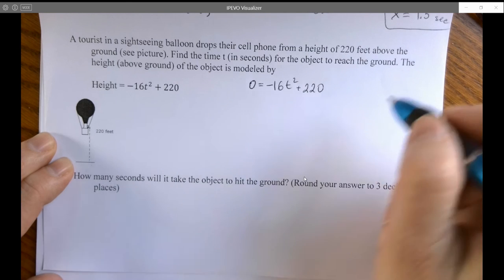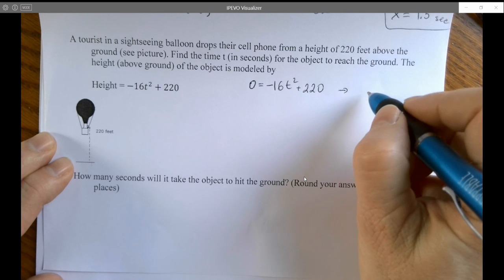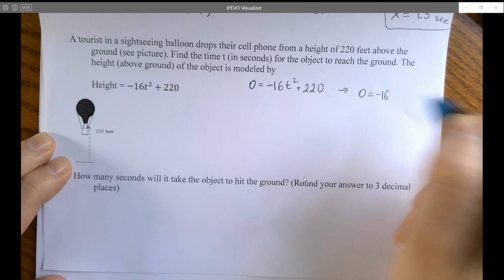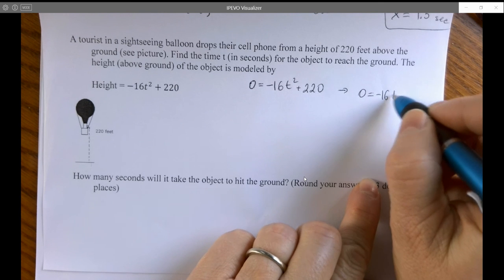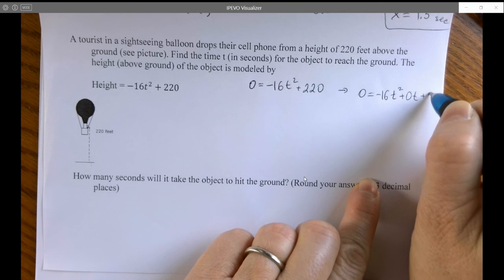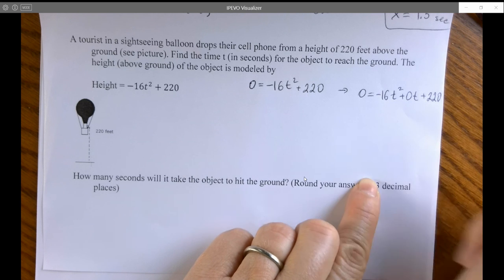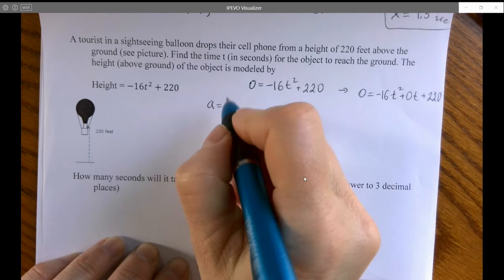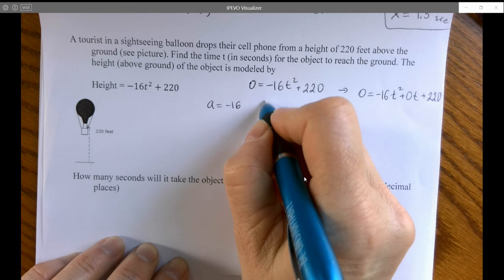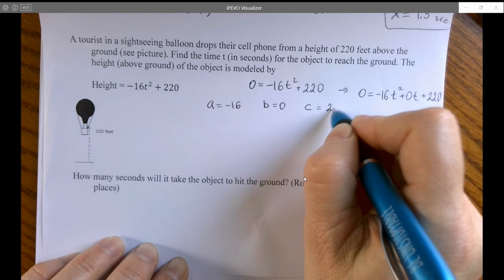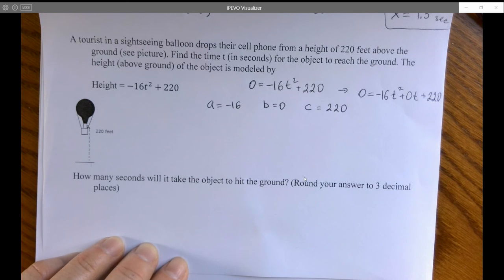And I will change it to a full quadratic formula. It will be like this: -16t to the second power plus 0t plus 220. So my a is -16, my b is 0, my c is 220.